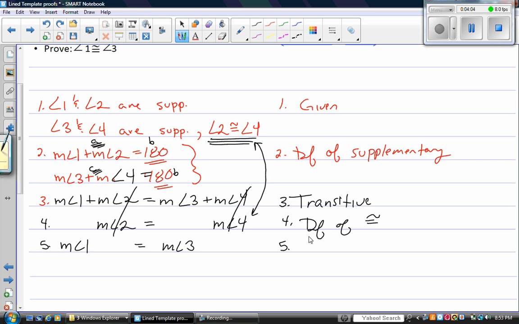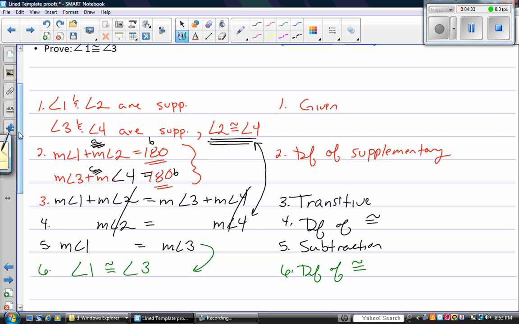And actually removing 4 and 2 from the left and right is subtraction. Once you've removed those, you're left with these equality statements. You can now say if the measurements are equal, then the shapes themselves are congruent. Going from equality to congruency, from that step to that step, that is the definition of congruency again.